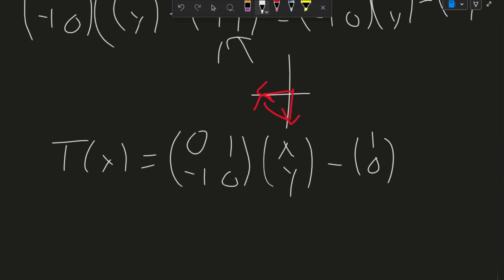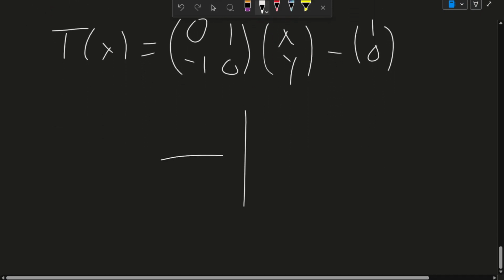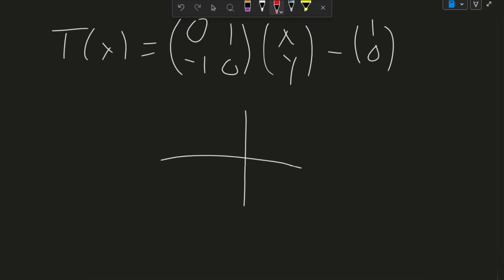Now, what happens if I apply this to the origin? What happens if I apply this to 0, 0? Well, we're going to start at 0, obviously, and there's going to be nothing to transform because it's 0, and so we'll just move to the left by 1 unit. So we'll end up somewhere here, right?